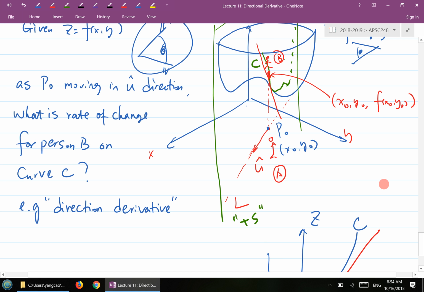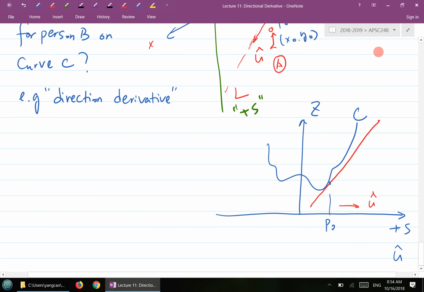The gradient vector. Excellent. I'll come to that very shortly. So I hope you understand what directional derivative means now. And then let's look at the computation of the directional derivative. It's also very simple, as you're going to see.